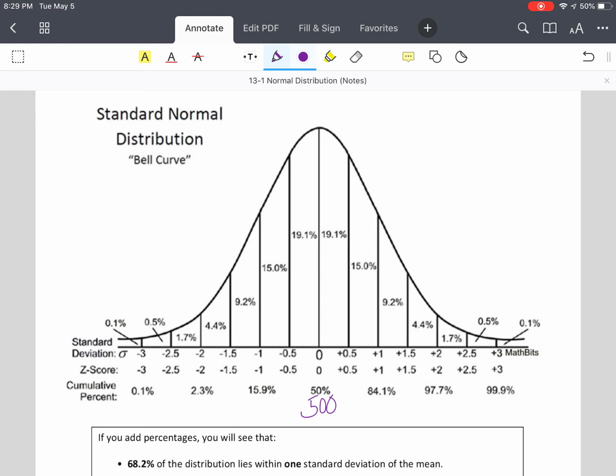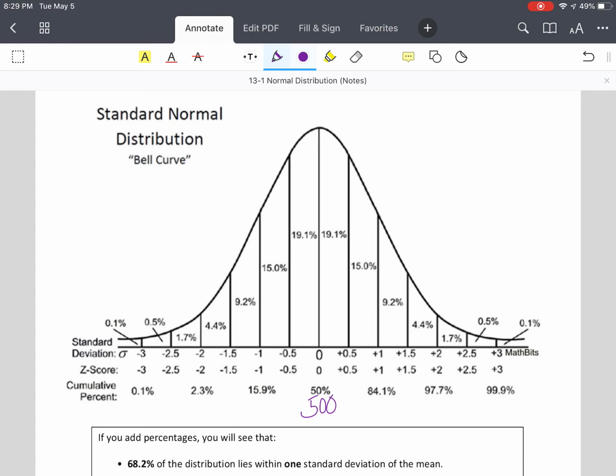Okay, so I'm going to put that 500 right under the 0, just so we can see how this whole thing works. And let's say the standard deviation is 100. So that's two things that you need to be told. You need to be told the mean, and you need to be told what the standard deviation is.